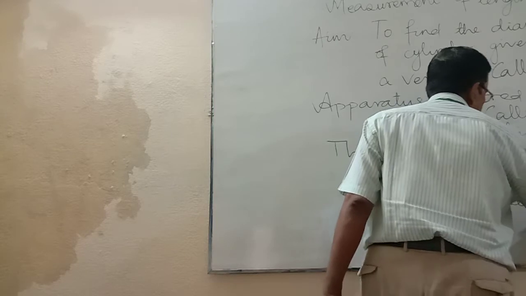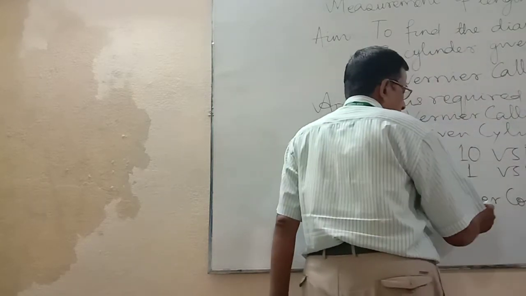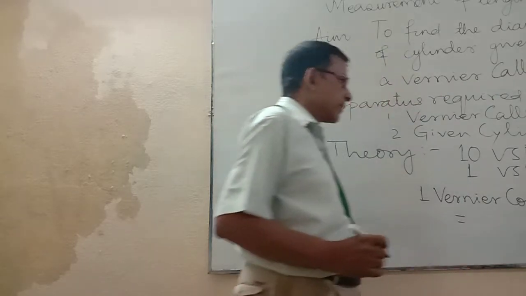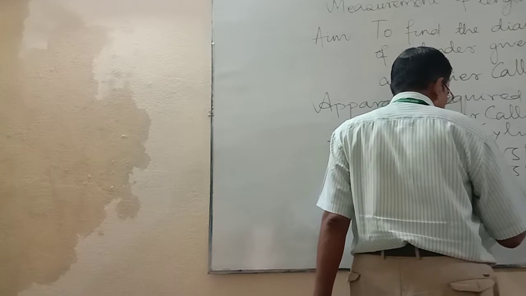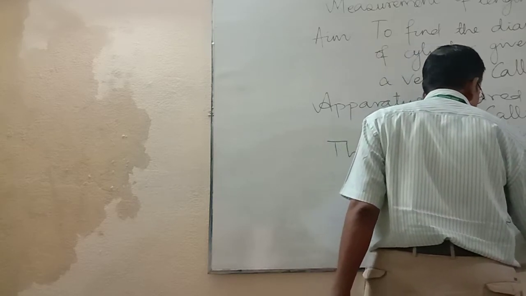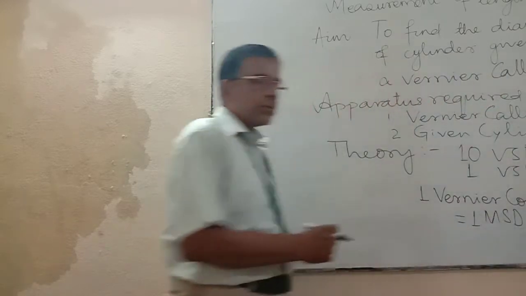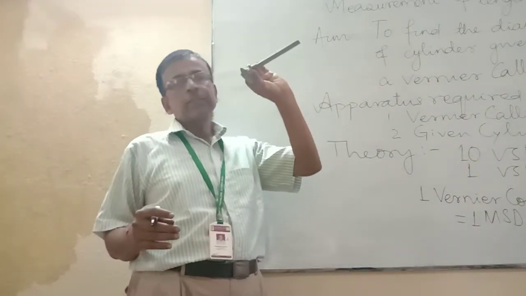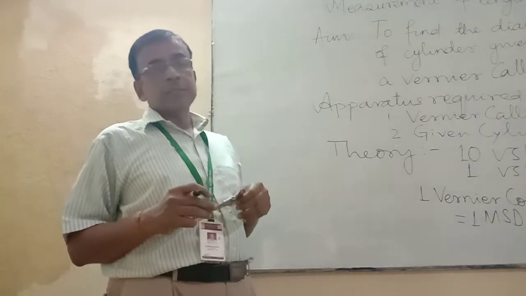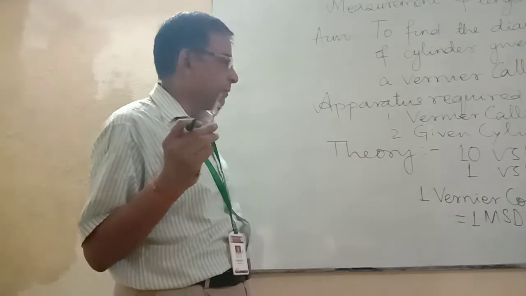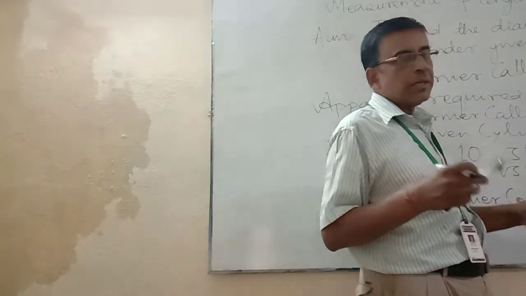Vernier constant or least count, same thing, equal to 1 MSD minus 1 VSD. Least count means the minimum distance we can measure through this device. So that minimum distance is nothing but 1 MSD minus 1 VSD.